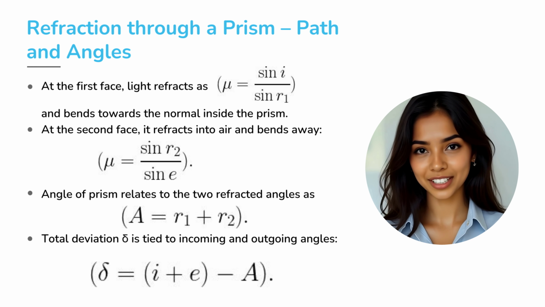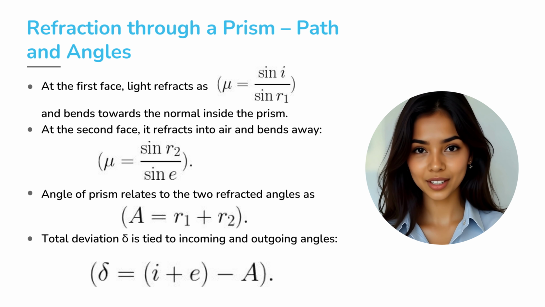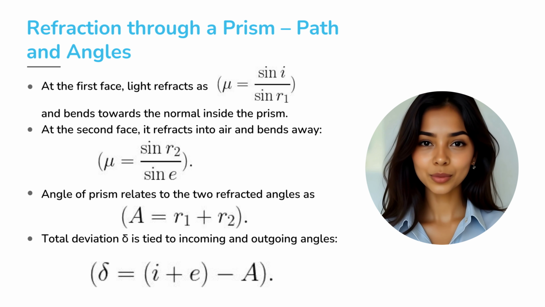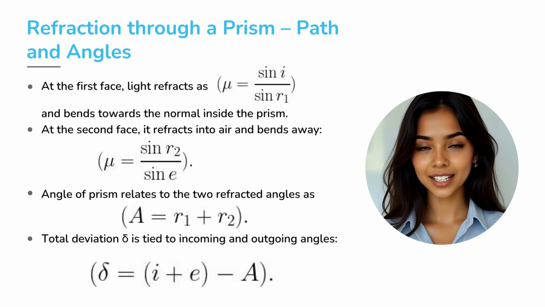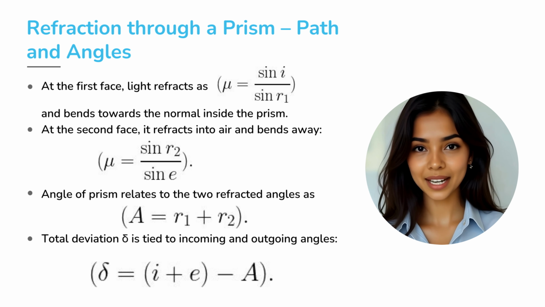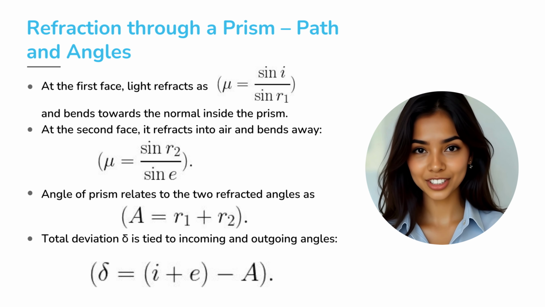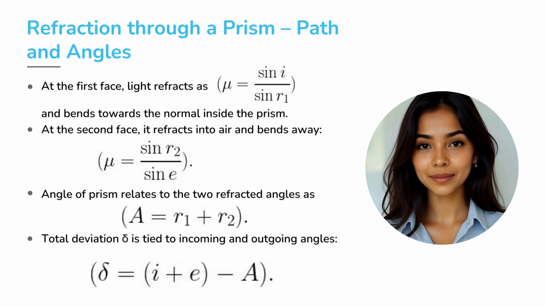Finally, the total deviation delta, which measures how much the emergent ray has turned away from the straight path, connects to the incident angle and the emergent angle with this neat formula: delta equals the sum of I plus E minus the angle of prism A. Picture the ray's journey like a thrilling zigzag, bending in and then bending out, resulting in an overall change in direction that depends on these angles and the prism's geometry.